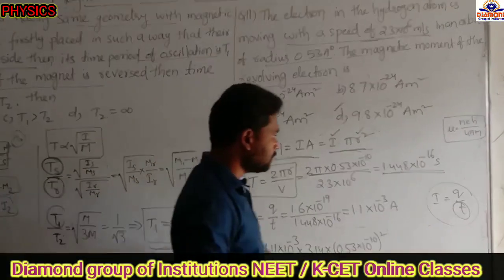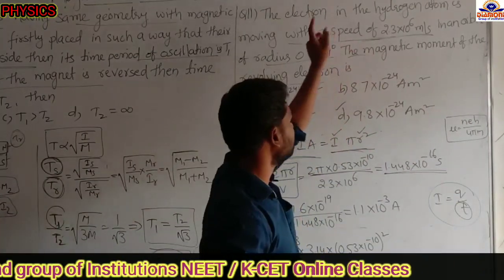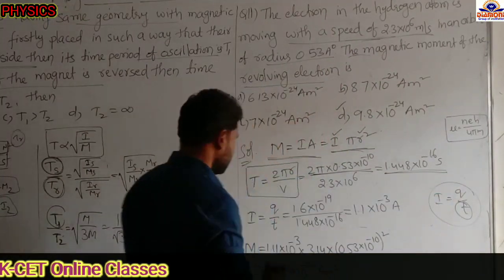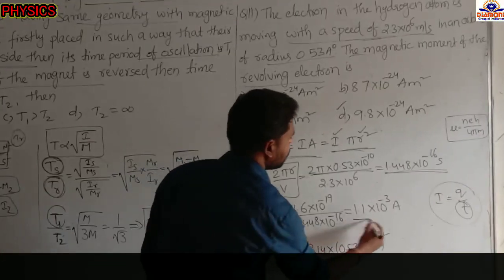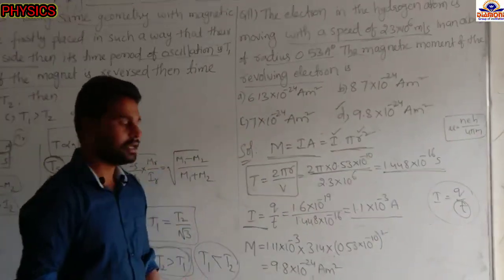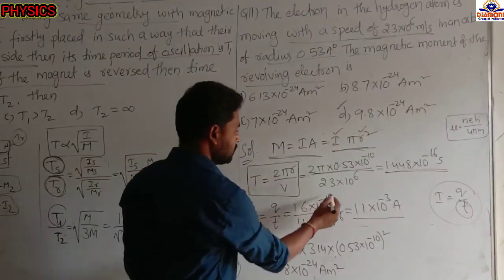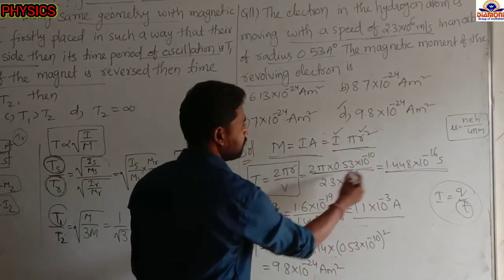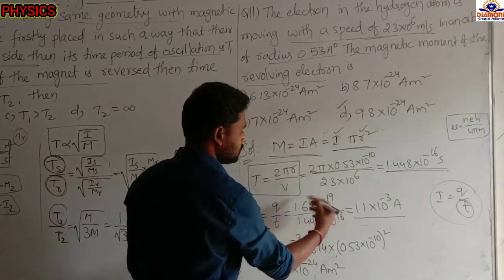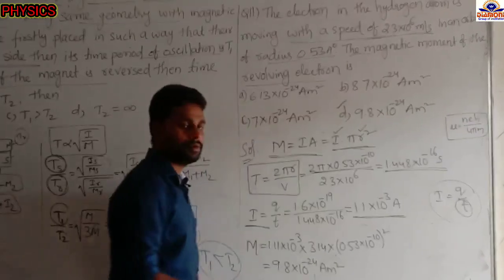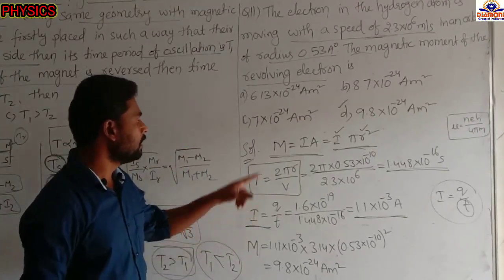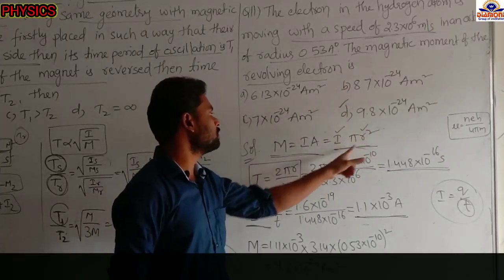The time period we got, the charge of the electron we already know, so find the current. The current value we got is 1.1 into 10 power minus 3 ampere. That means the charge is 1.6 into 10 power minus 19, the time period we found is 1.44 into 10 power minus 16, and simplifying we get 1.1 into 10 power minus 3. Now we got the I value and the radius is given, so substitute in this formula.